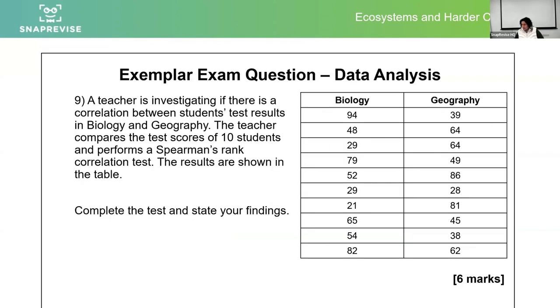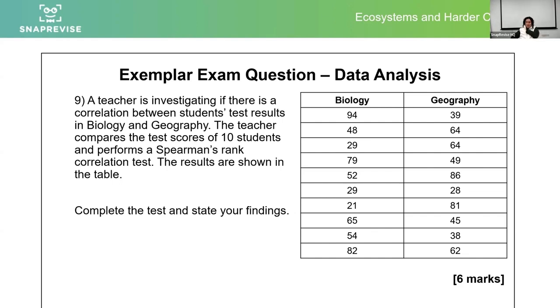Let's have a look at an example. A teacher is investigating if there is a correlation between students' test results in biology and geography. The teacher compares the test scores of 10 students and performs a Spearman's rank correlation test, and the results are shown here. Complete the test and state your findings. It's a 6 marker again.